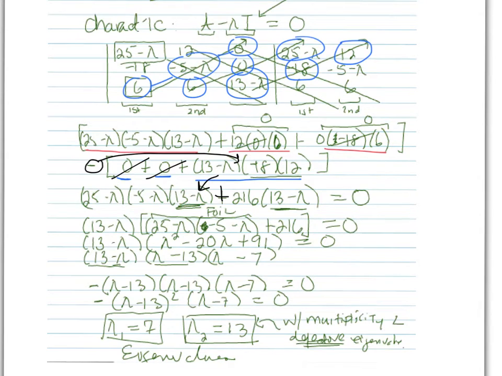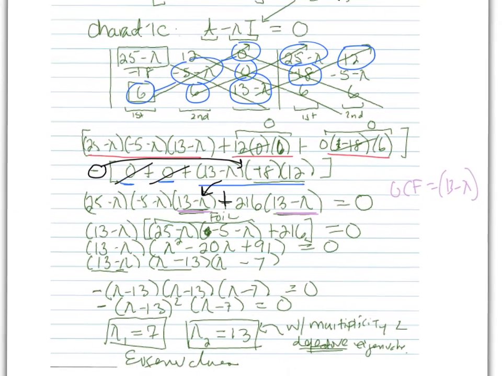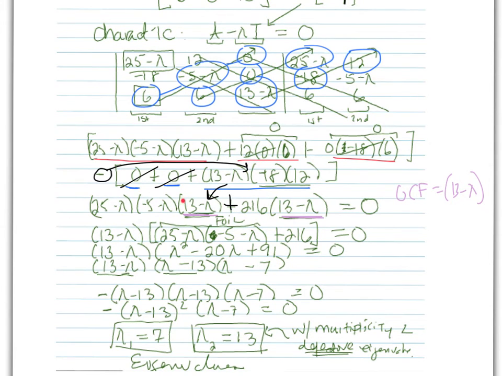So what I want you to see is, let me get a different color here. Notice that there is a greatest common factor. My GCF is 13 minus lambda. So I'm going to factor this out. This is my GCF here. And what's left over? We're just dividing out.